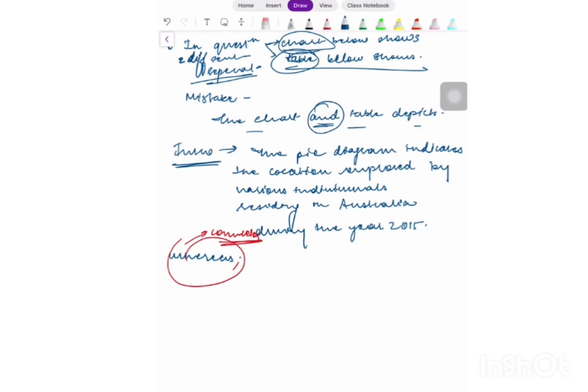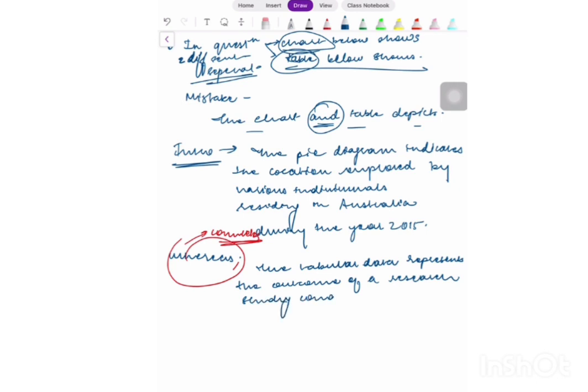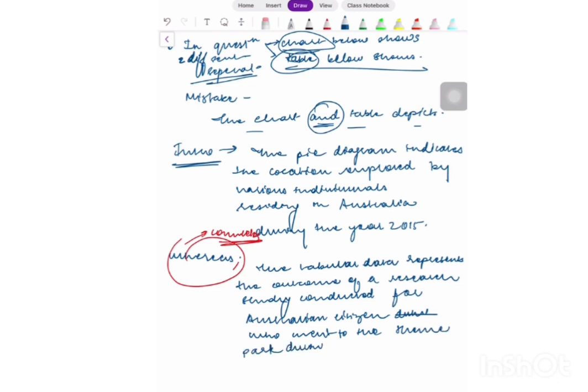Whereas the tabular data represents the outcome of a research study conducted for Australian citizens who went to the theme park during the same year.